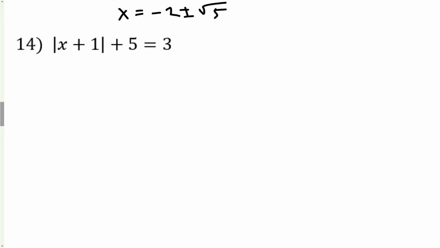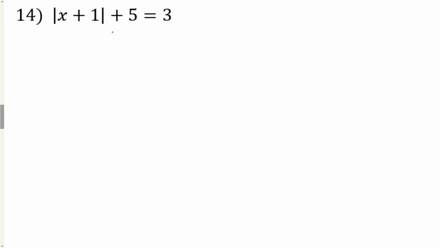Absolute value. Isolate the absolute value first by subtracting 5 from both sides. This gives me the absolute value of x plus 1 is equal to negative 2. That's a problem. Absolute values cannot be equal to a negative number.